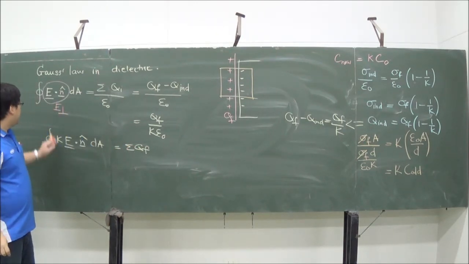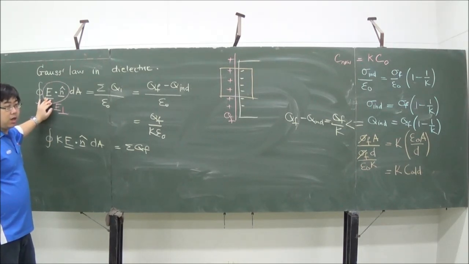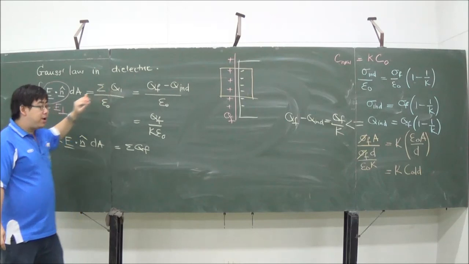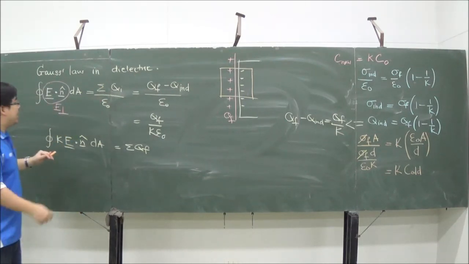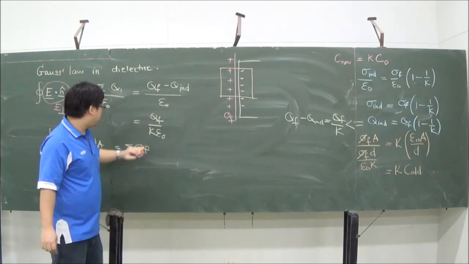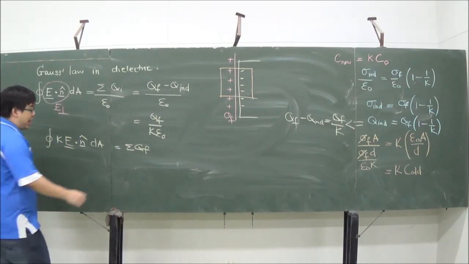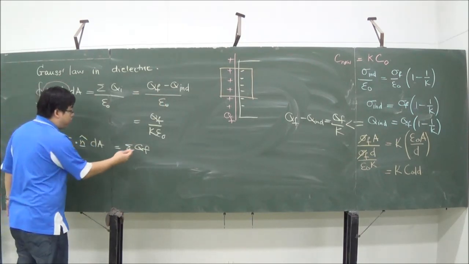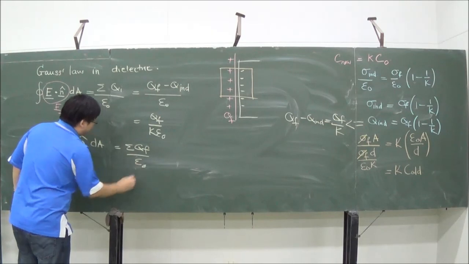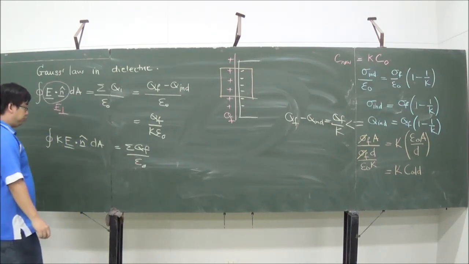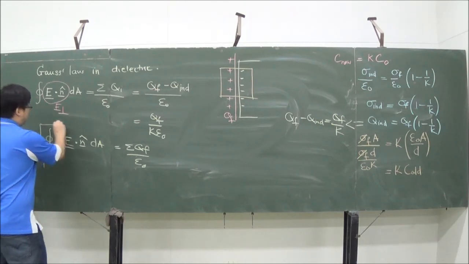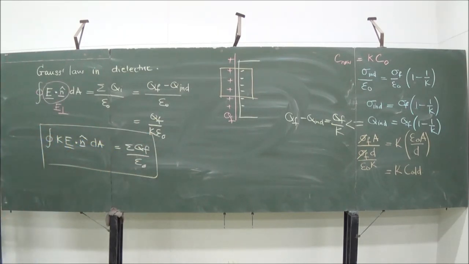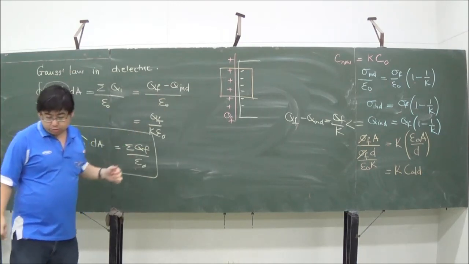If you use E, we have to use the total charge. But here, we compensate for the effect of the induced charge by this factor kappa. So now on the right hand side, we don't need the induced charge anymore. We only want the free charge divided by epsilon naught. And this is Gauss law in dielectric materials, where we use the dielectric constant kappa to compensate for the effect of induced charge.